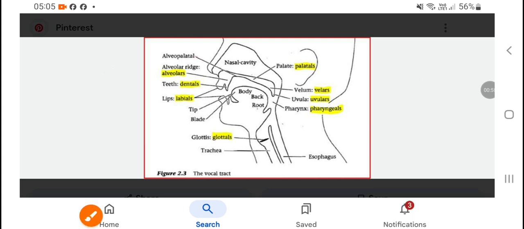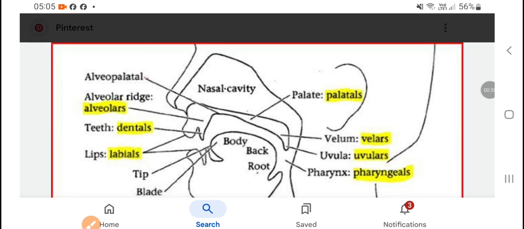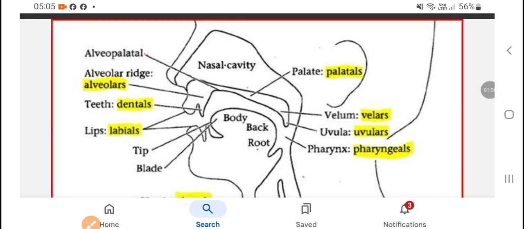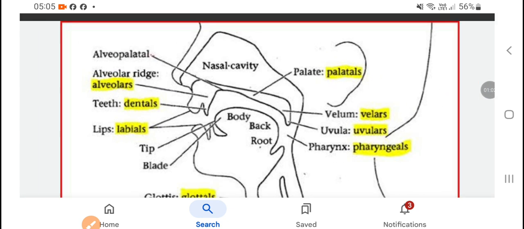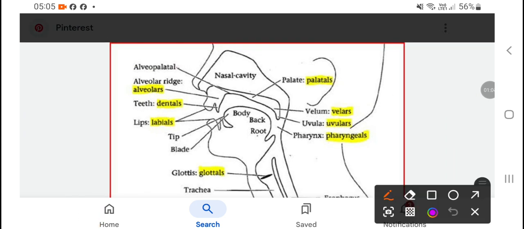One by one I will highlight and then discuss. Where to start first of all? You can practice a rough diagram this way, the way I'm making. You just have to make the diagram and show the organs.